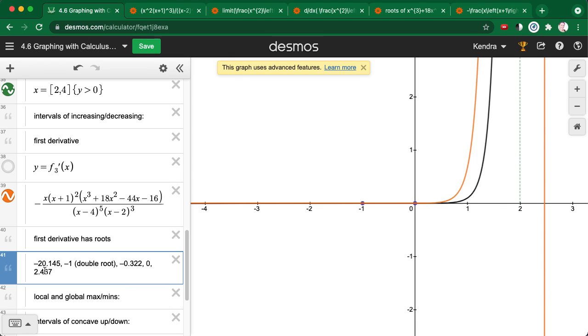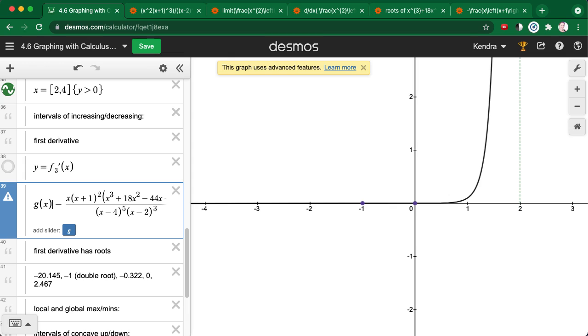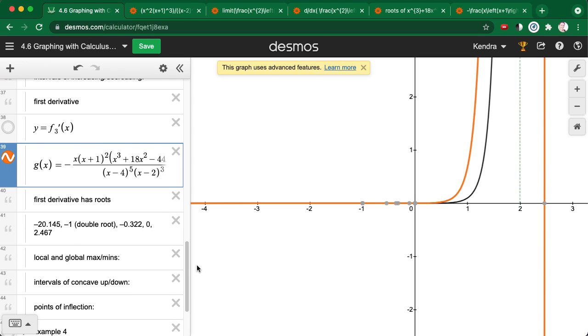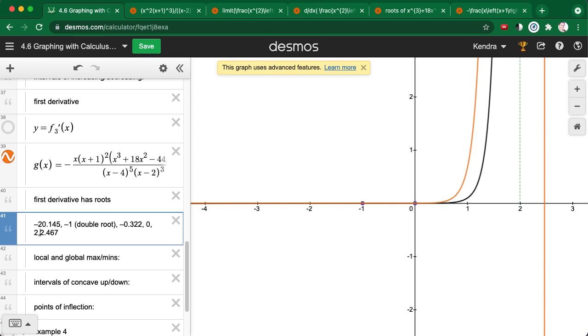Okay, so these are the roots of the first derivative, and the thing I'm going to do is use Desmos to calculate the signs of these. And I do also want to pay attention to the fact that there's also a 2 and a 4 that can cause the sign of the derivative to change.